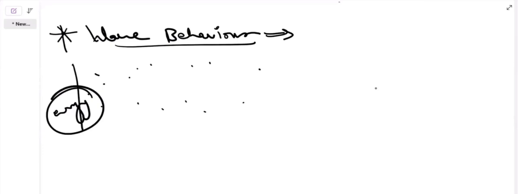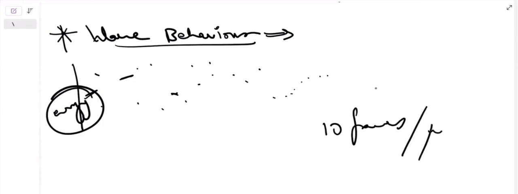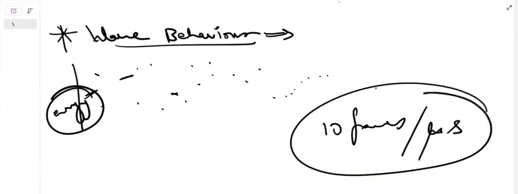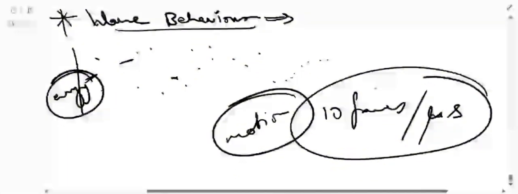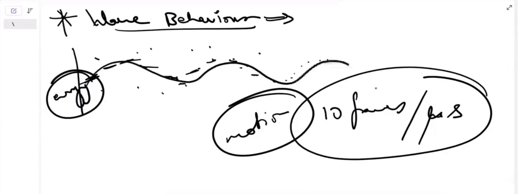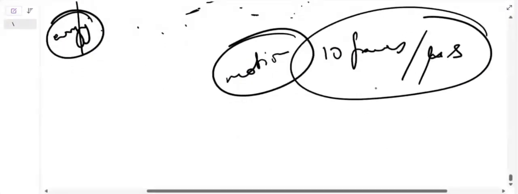Basically, the particles which are aligned in one line will be vibrating, and their collision with each other will create a wave. Because in our eyes, if 10 frames per microsecond are passing, then we will observe that object to be moving. So the particles are vibrating at a very huge speed, which basically gives you the impression that it is moving like a wave. For example, we are having electromagnetic wave.